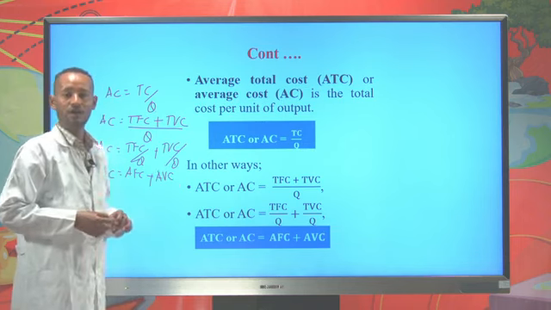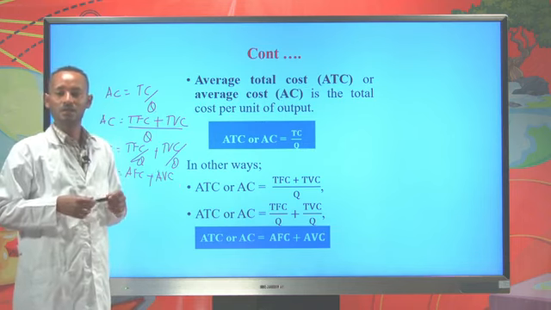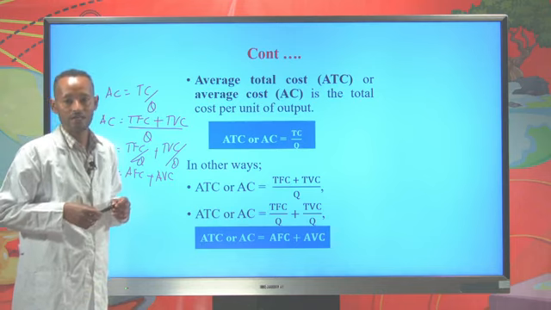That means the average cost of production is the sum of AFC and AVC.